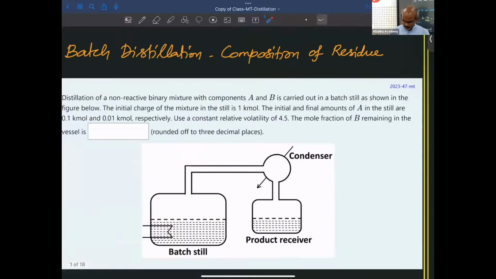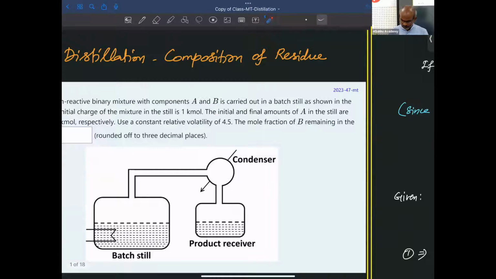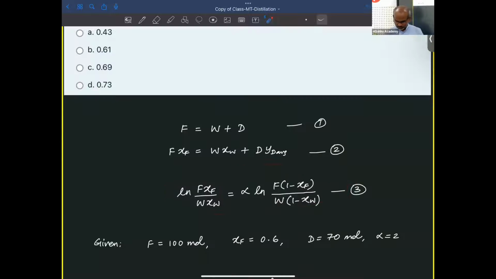So for that, how do you solve? Of course, here we don't know anything about the distillate, which is giving only the feed and what we call the residue, feed and residue, or we use waste, or bottoms, or residue. Okay, and in addition to these two equations we can write this, simply the overall mass balance: feed equals what is remaining in the still plus what is collected as distillate.